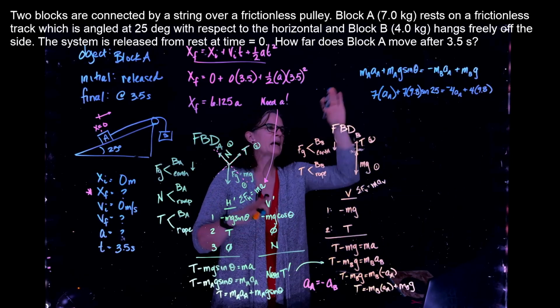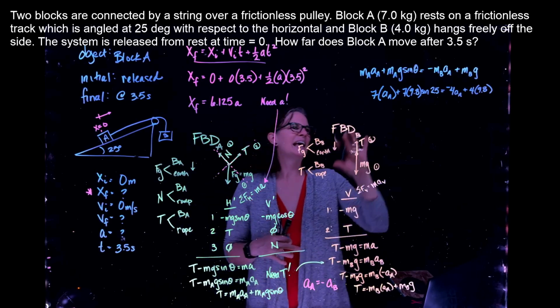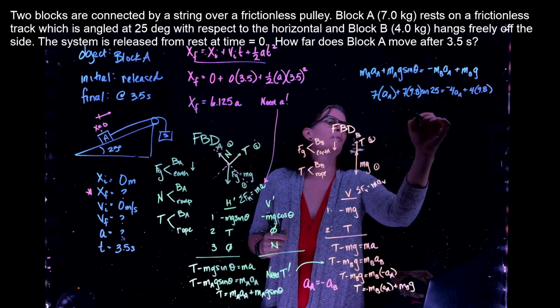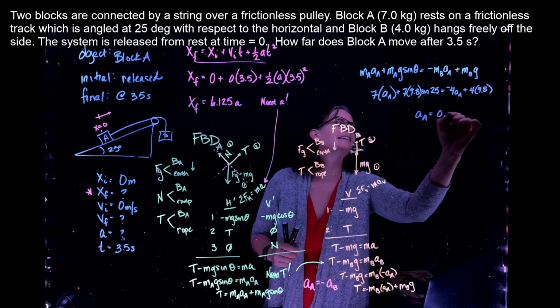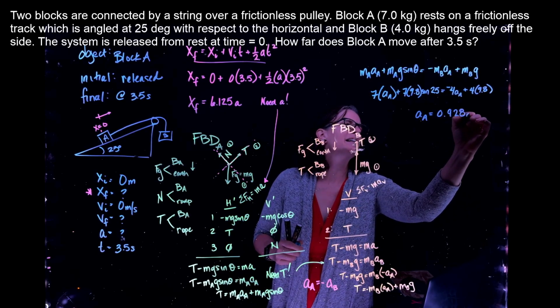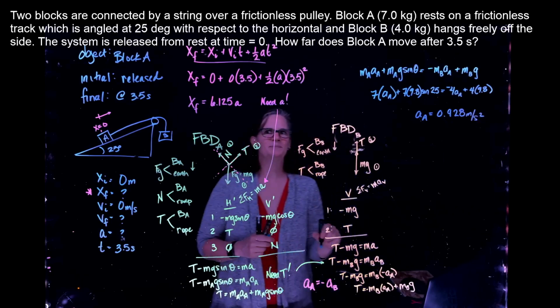All right, combining like terms and all that good stuff, we end up with the acceleration of A equaling 0.928 meters per second squared.